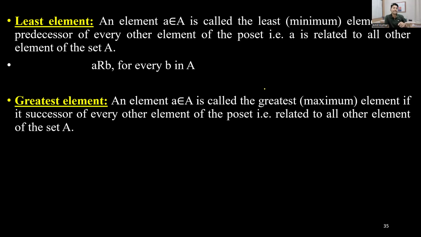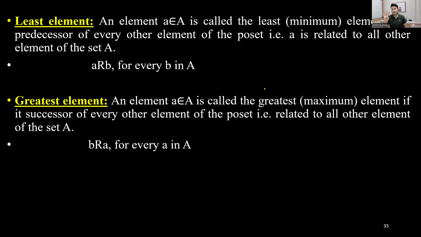Greatest element: connected to every element on the upper side. It is not necessarily that a direct edge should be there; when we move along the diagram, we are able to reach that spot. So this is how we can define the greatest or least element.